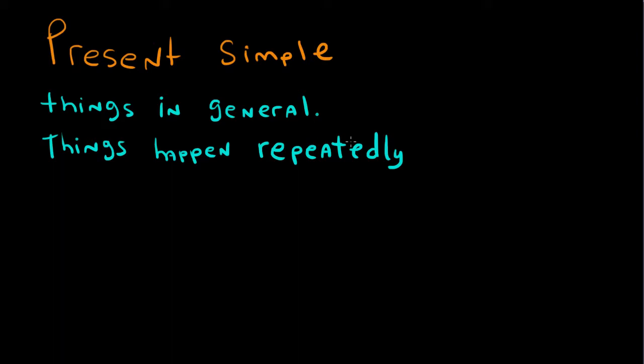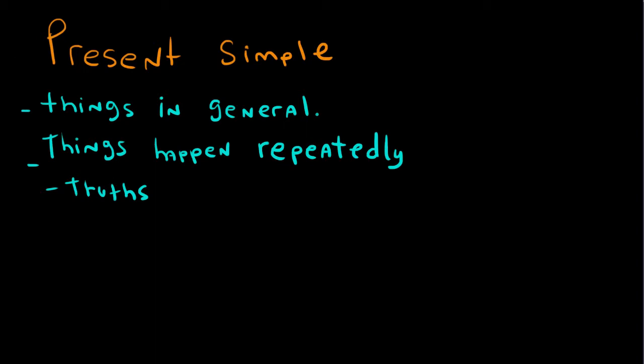And we also use the present simple in general when talking about truths that we know, general truths. So let's look at some examples of how we use the present simple.